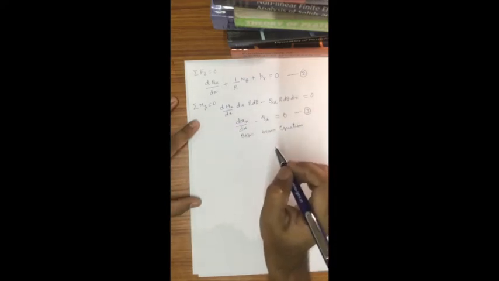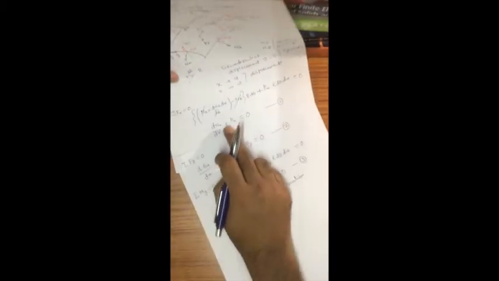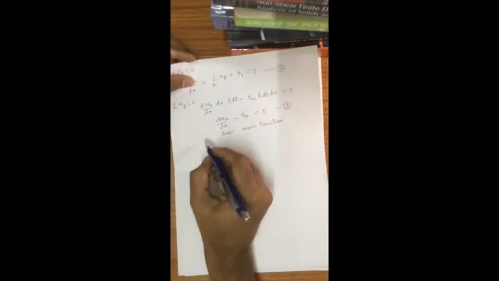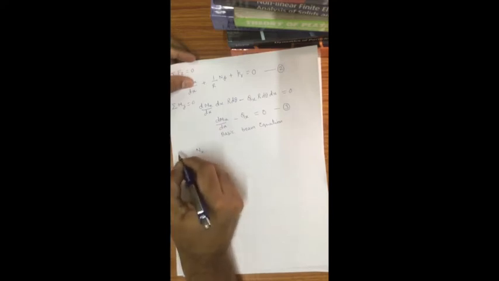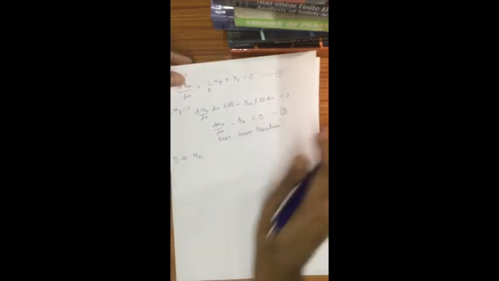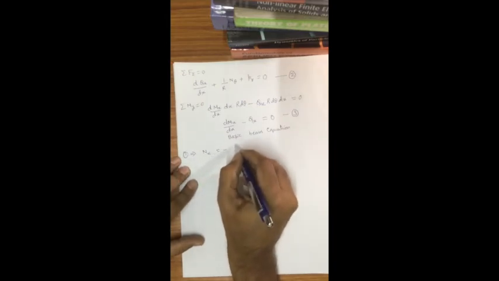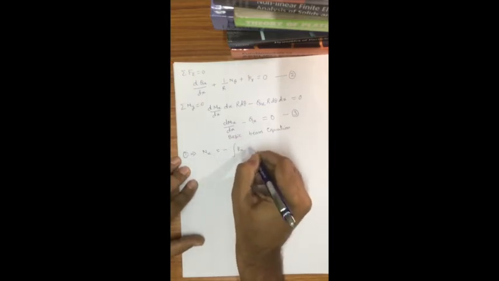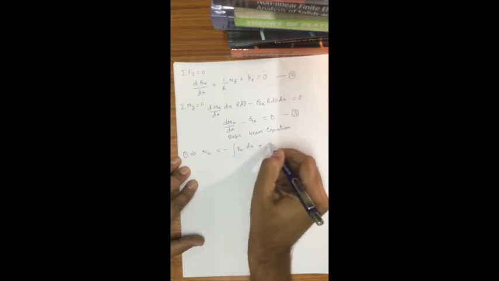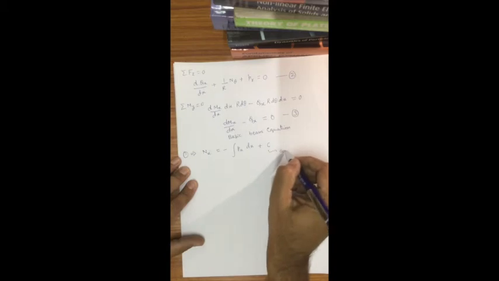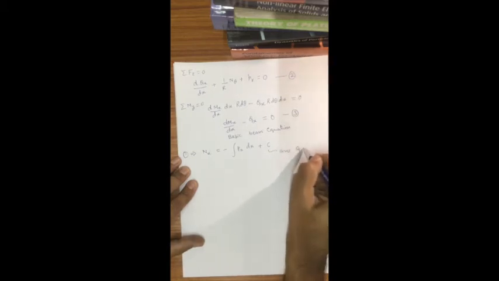And equation number 1 can be simplified as nx equal to minus integral of px dx plus c, where c is the constant of integration.